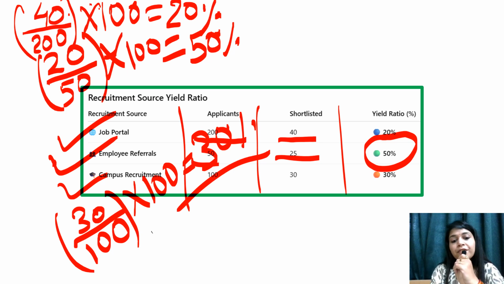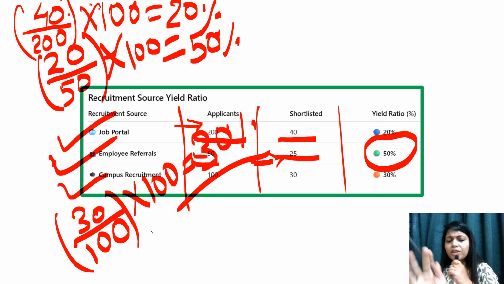For example, 50 applied, and out of that half the candidates were shortlisted. However, from job portals, so many people applied for the post, and out of them only 40 were shortlisted.